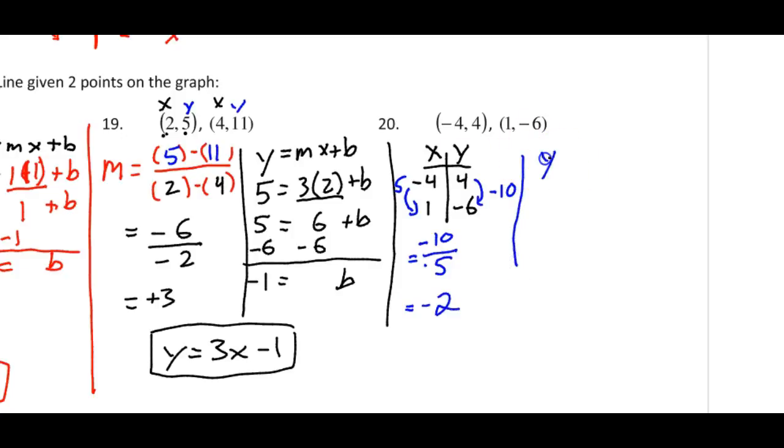Alright, now let's do the y-intercept, only one method for that we're using. So we'll have negative 2 for slope. I'm going to use 1 and negative 6 for my x and y. So 1 and negative 6 for my y, get the plus b. So I have negative 2.